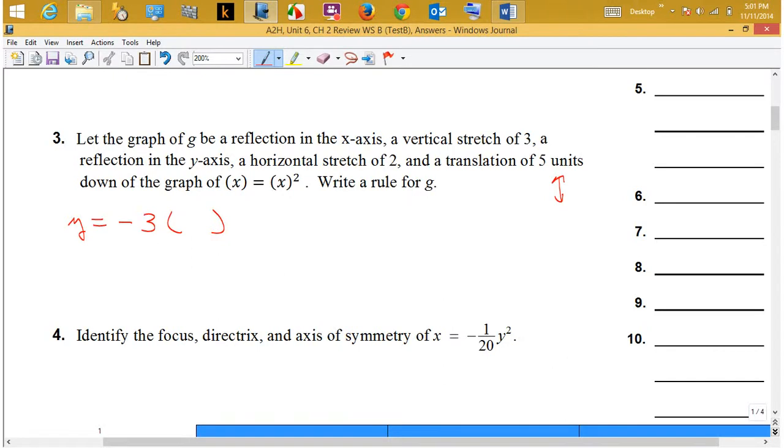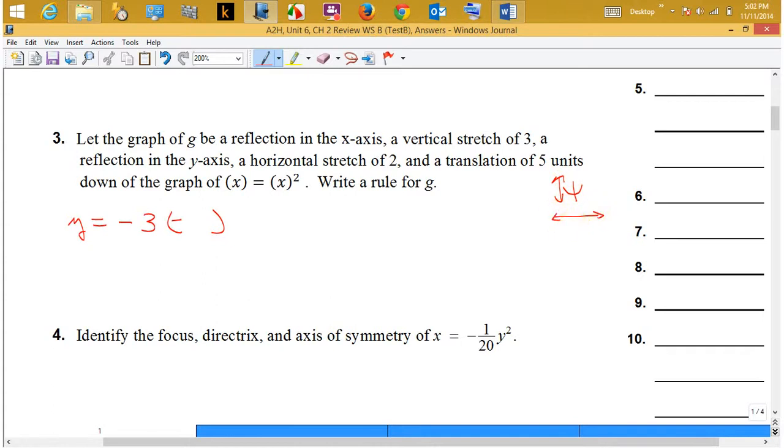A reflection in the y-axis. That means it's going to be reflected over the y-axis. The y-axis is this direction. If it's reflected over it, that would be a reflection that would change the x value, so that would be a negative. And a horizontal stretch of 2. The horizontal stretch would be a stretch going this direction.